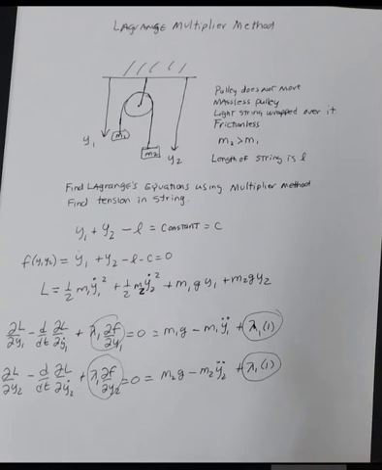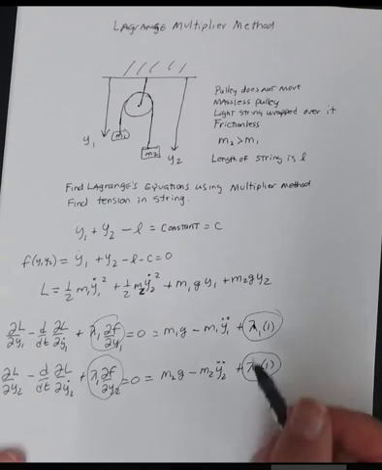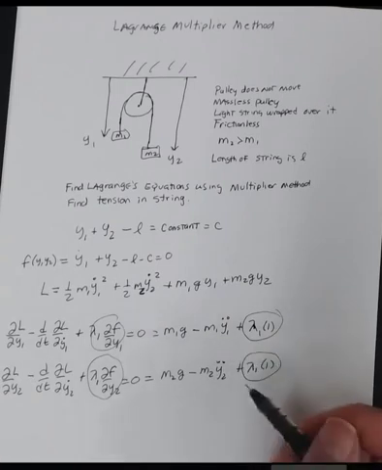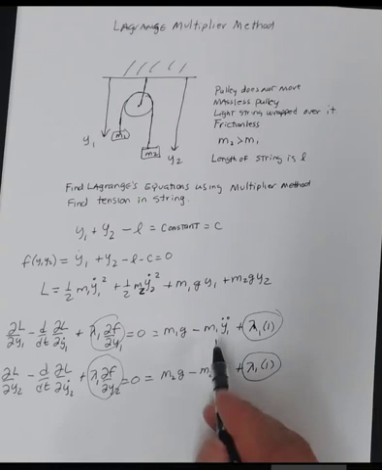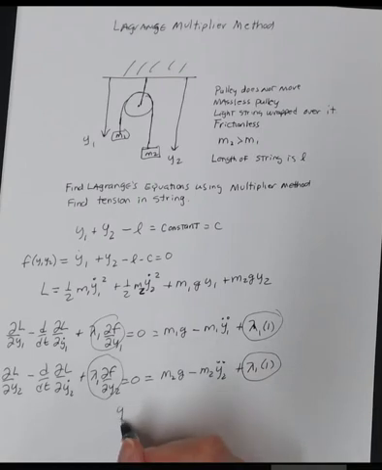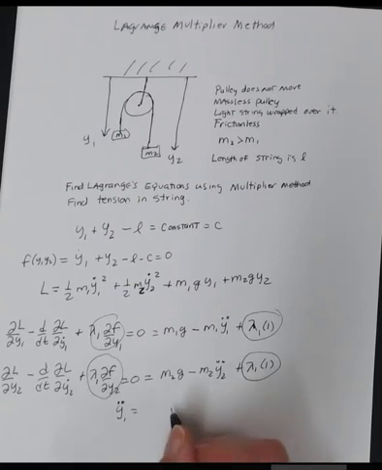So let's see what we get. How am I going to get lambda? If I look at this first equation, I can solve for the acceleration of mass 1. I get this side 0, so I bring that over and leave this stuff here.